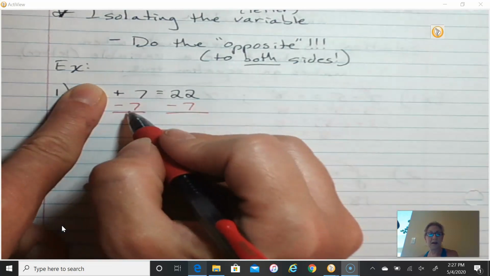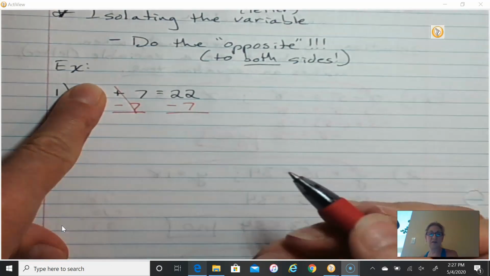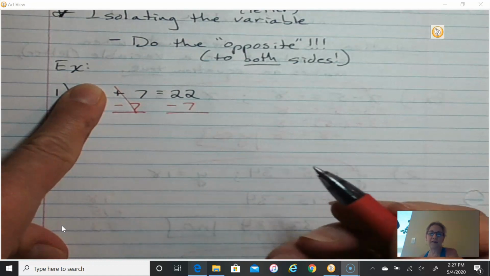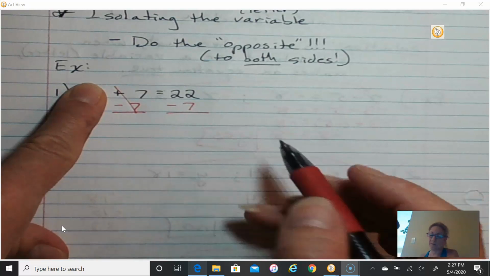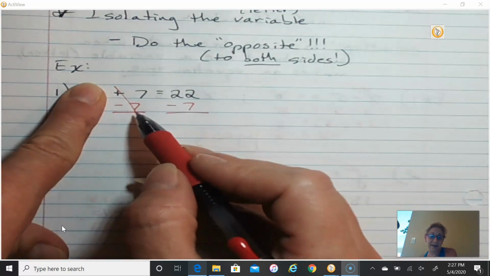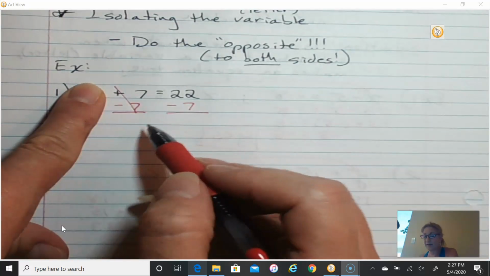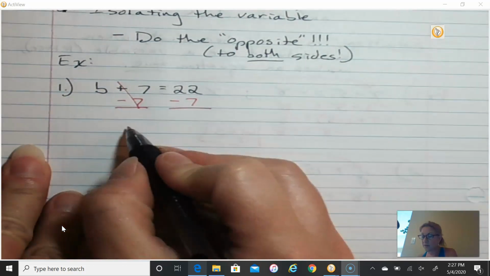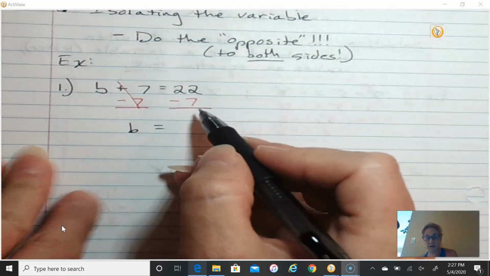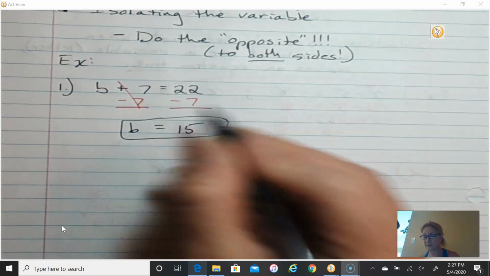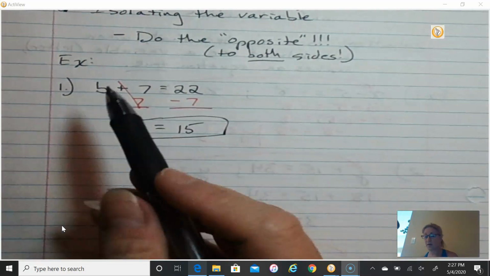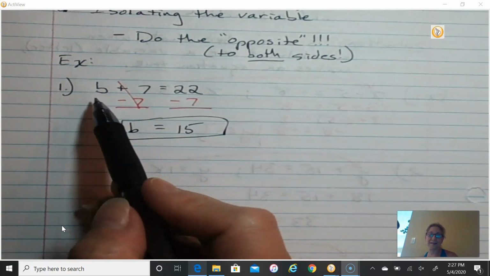Plus 7 and minus 7 cancel each other out. It's like saying 1 minus 1 is 0, 2 minus 2 is 0. This is 7 minus 7, 0. So they cancel out. You're left with B equals, what's 22 minus 7? 15. You're done.